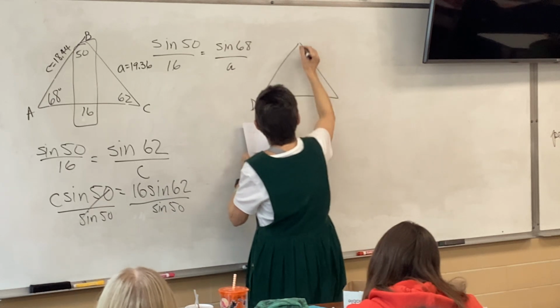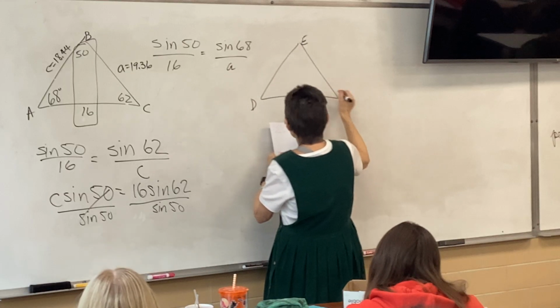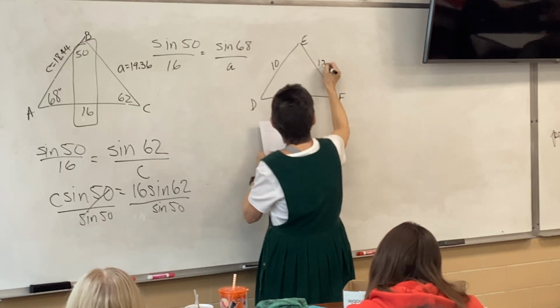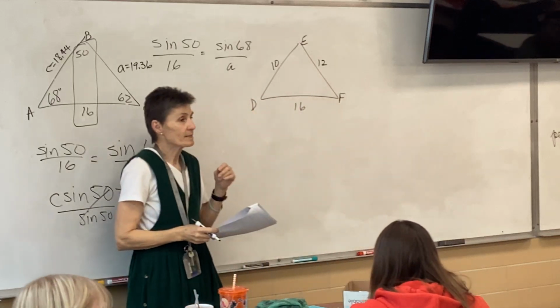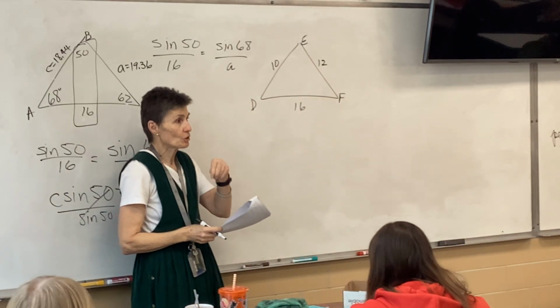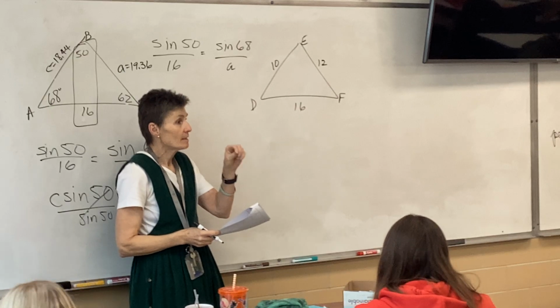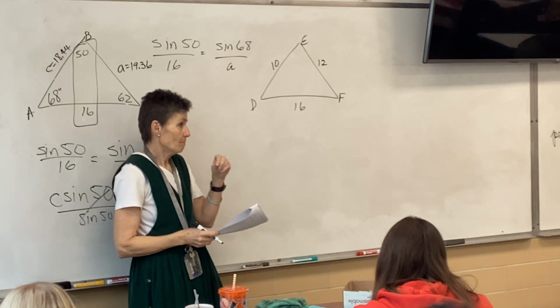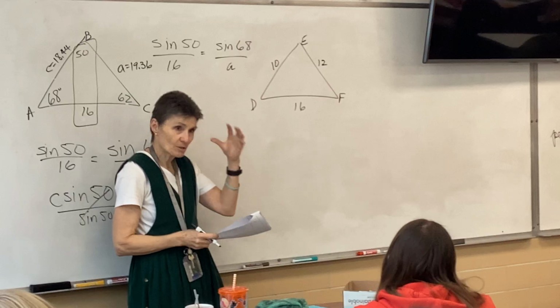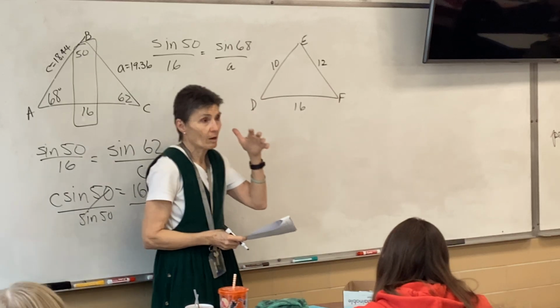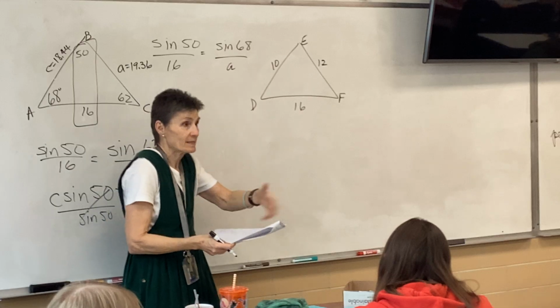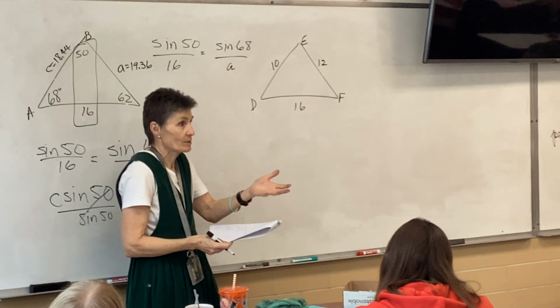Now, I heard somebody say, you add up all the sides. No, no, no. We would add up all the sides if the directions were find the area, but they're not. Listen, the triangles are going to look the same, but these directions are find the missing, in this case, find the angles.